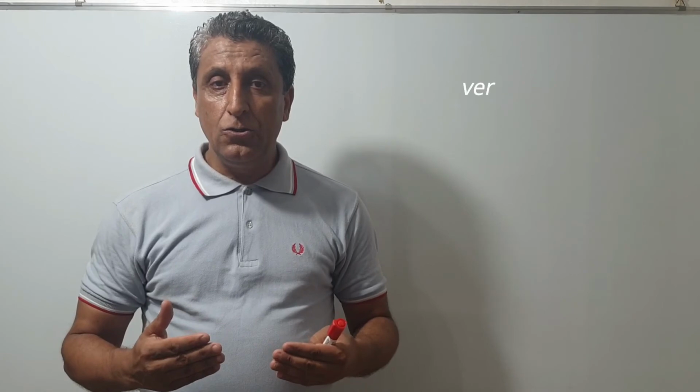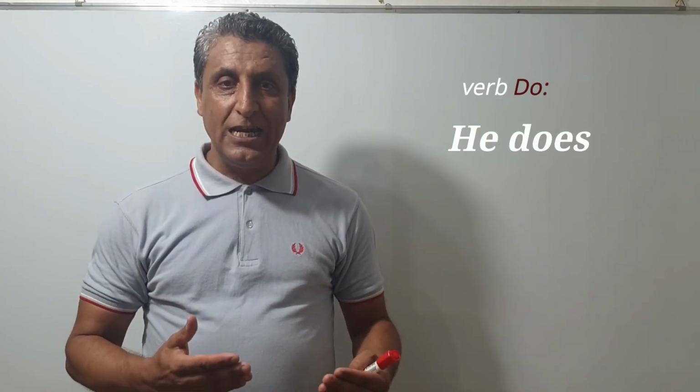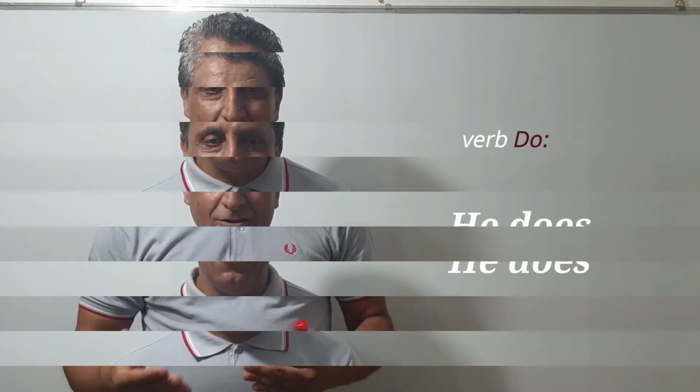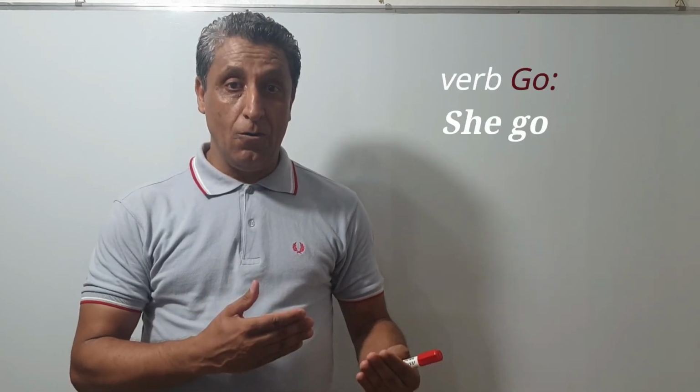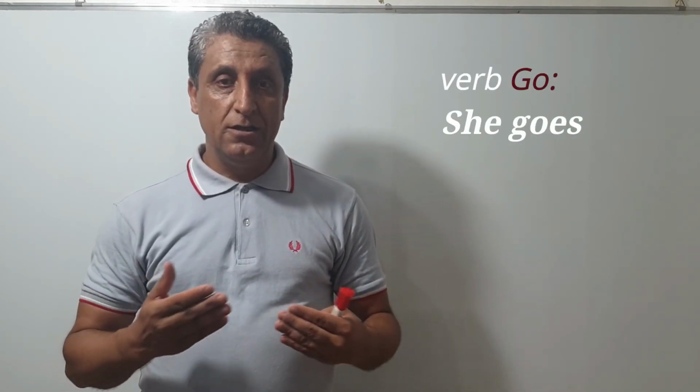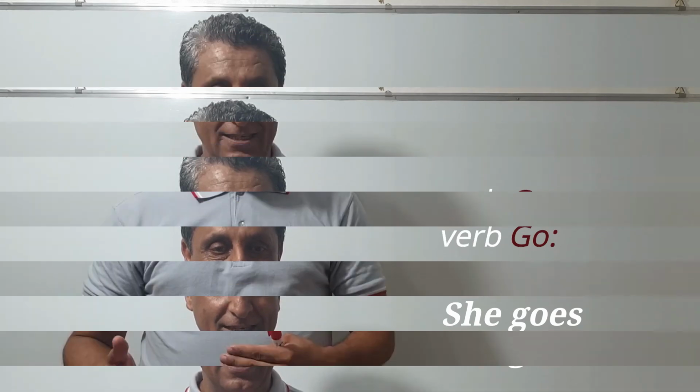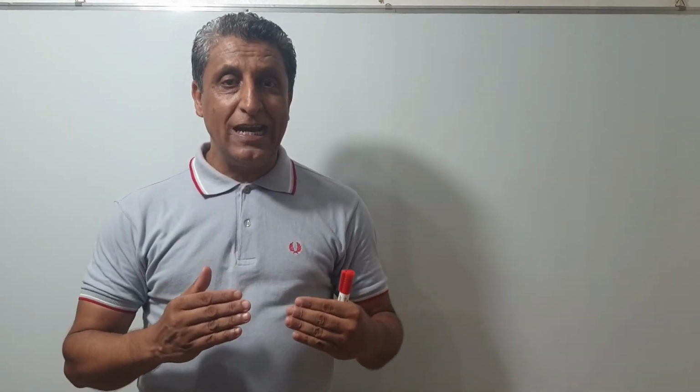Another verb, to do: she does, DOES. Another verb, go: he goes, GOES. So these are 3 examples of irregular verbs in the present simple.